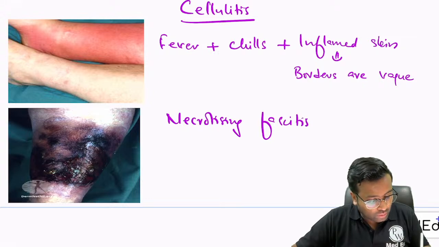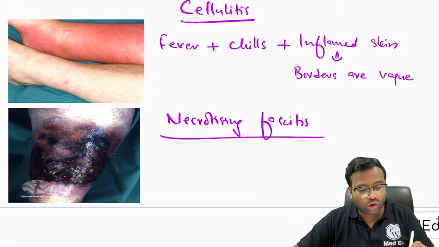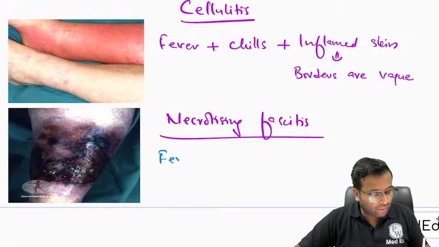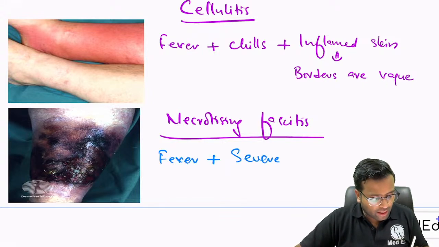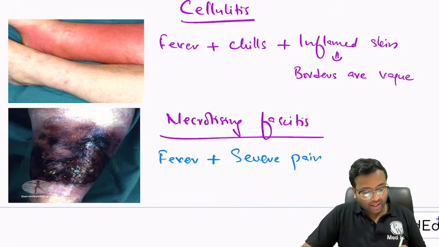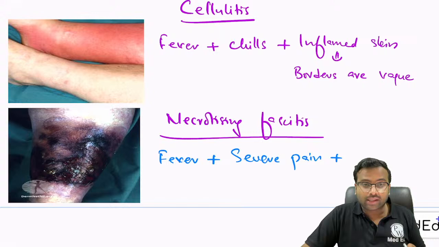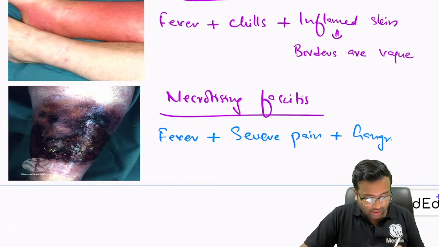This should be necrotizing fasciitis, because the patient is complaining of fever. Along with fever, there is going to be severe pain where necrotizing fasciitis can be seen. And with this severe pain, what do you see in the skin? You can see a gangrenous skin.